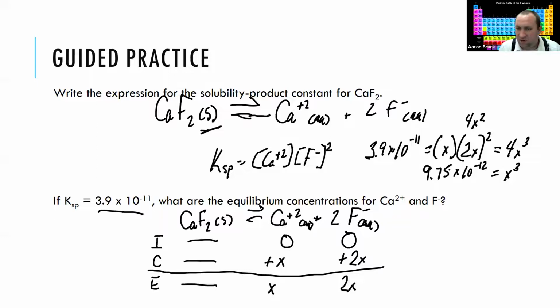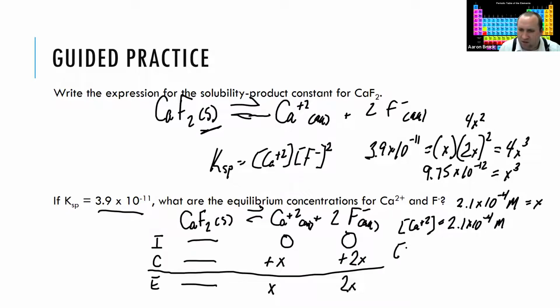Don't worry about the significant figures here. We'll fix it by the time we get to the concentrations. Now I need to take the cube root. Cube root gives me 2.1 times 10 to the negative 4th molar for X. And so the concentration of the calcium ion is that 1X, 2.1 times 10 to the negative 4th molar.